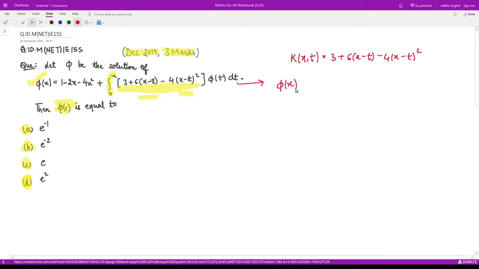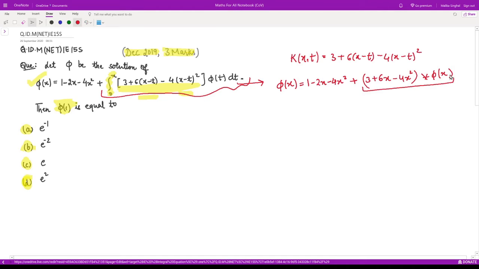Phi of x is equal to 1 minus 2x minus 4x square, that means these terms as they are, plus, instead of this whole term, we can write 3 plus 6x minus 4x square, this whole function convolved with phi of x.